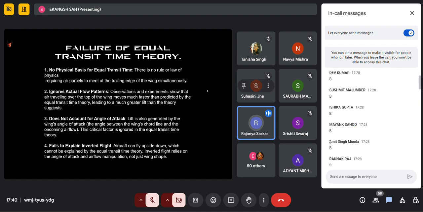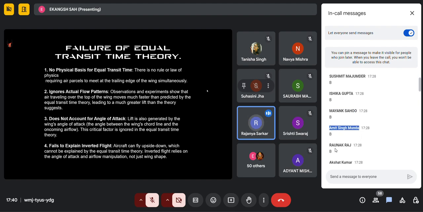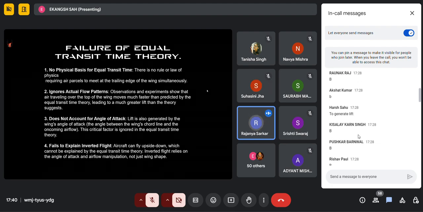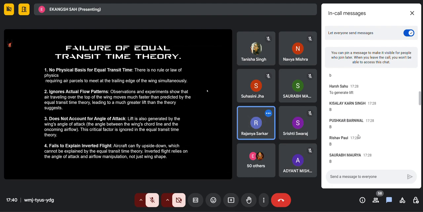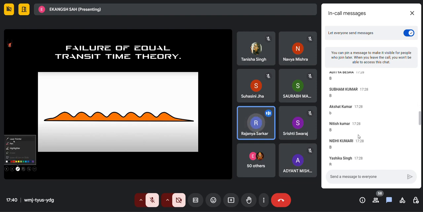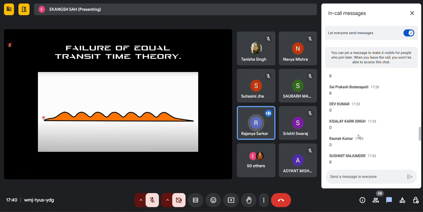Finally, when an experimental setup was performed, the theory completely failed. Moving on to the next slide. The experimental setup was like this: we can see here a cross section of a wing.